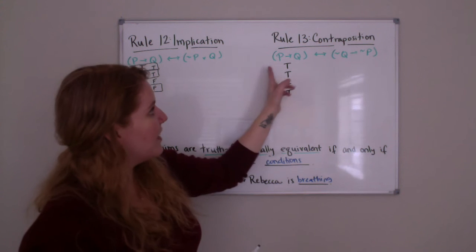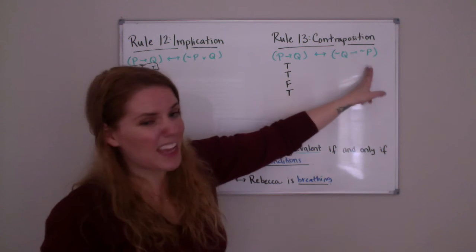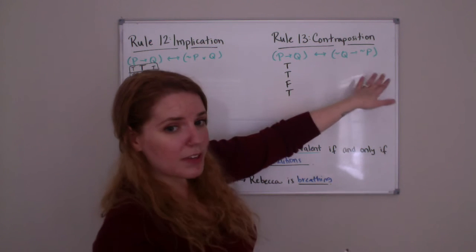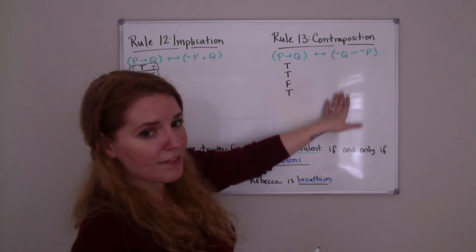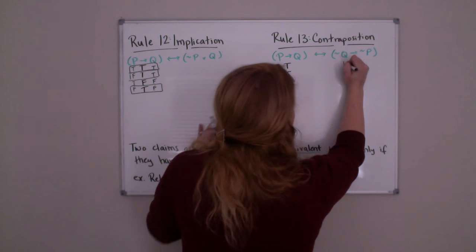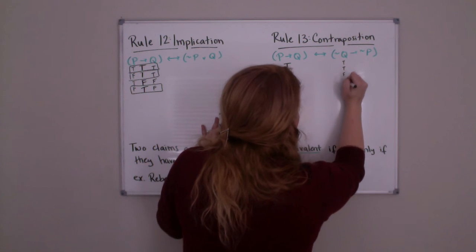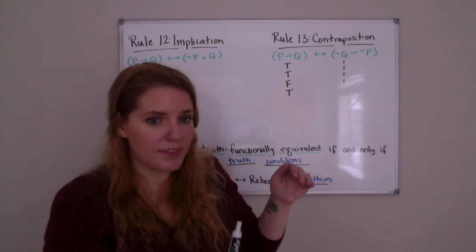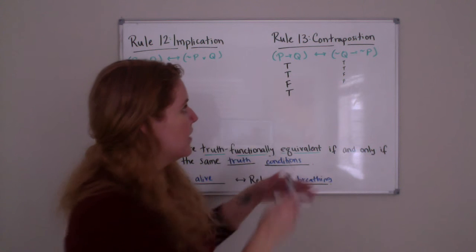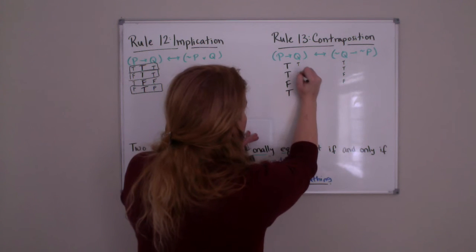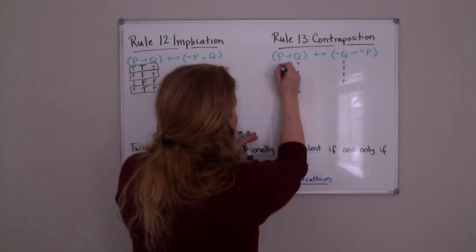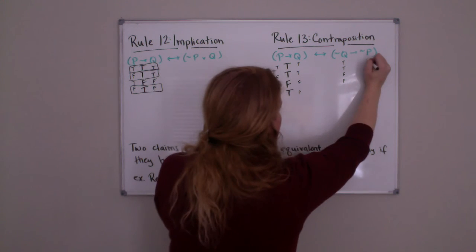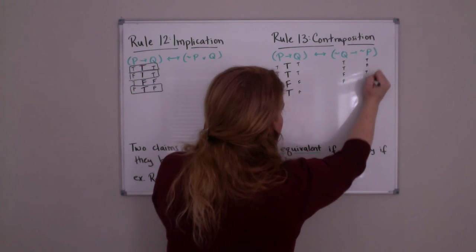So if this P is the same as this P, and this Q is the same as this Q. So even though Q is coming first, we're going to write T, T, F, F for Q, even though in other situations we've written the antecedent as TF, TF, because again, it's the same Q that we have over here. We're doing TTFF, and then this P is TFTF. So this P is also going to be TFTF.